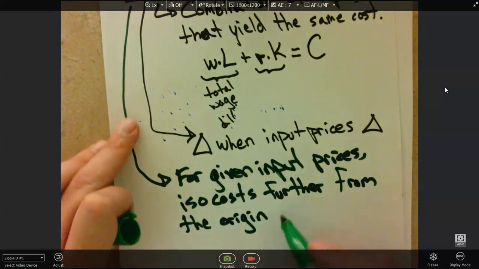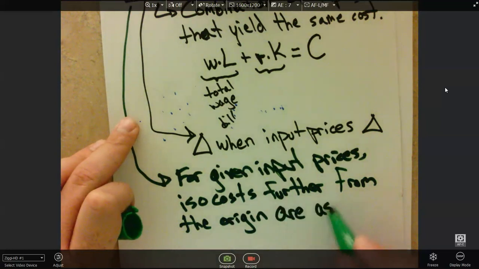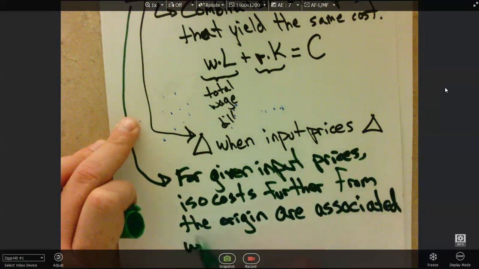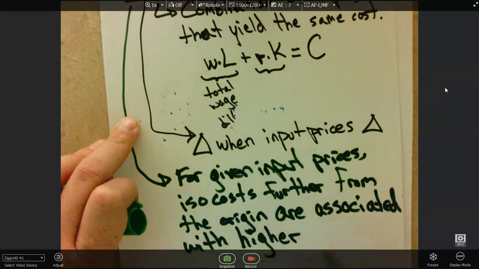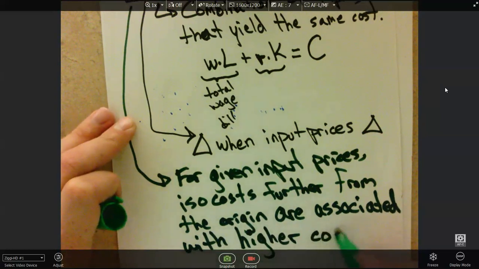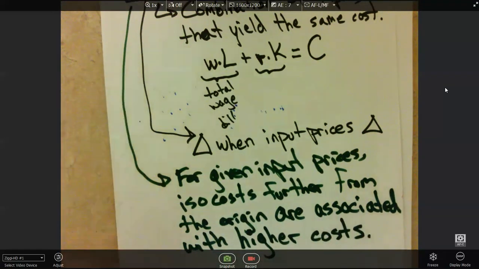Higher or lower costs? Higher. Think about it. They're using more resources, right? So therefore, it's going to be higher costs.